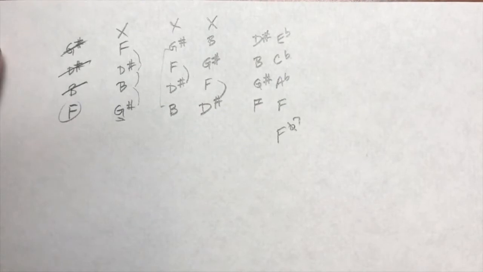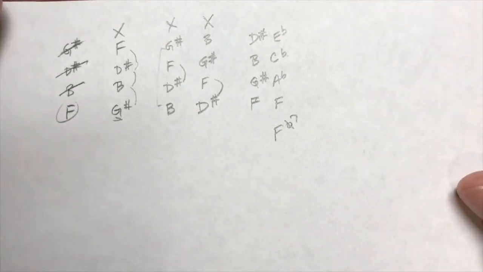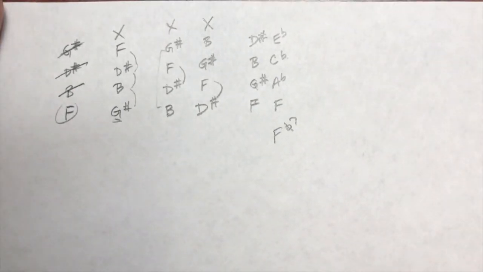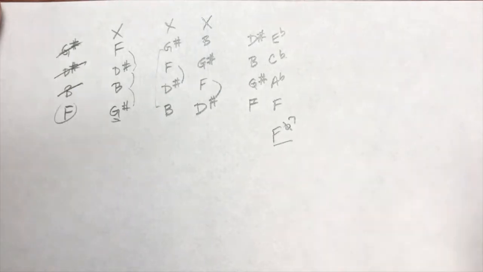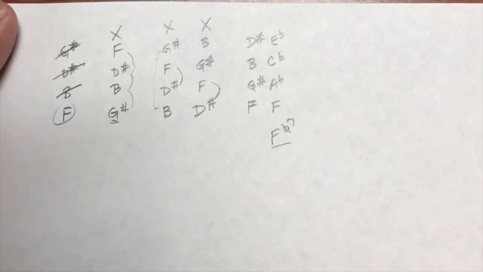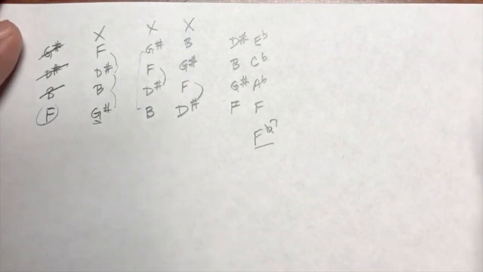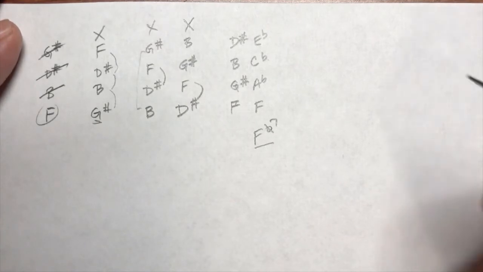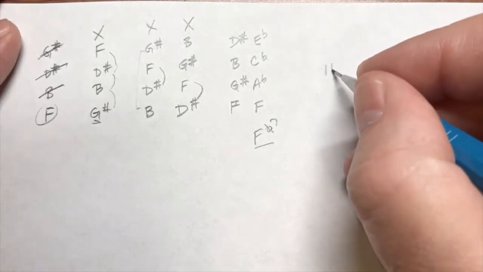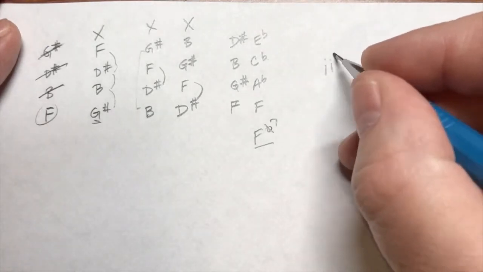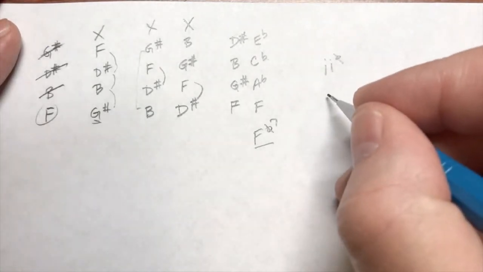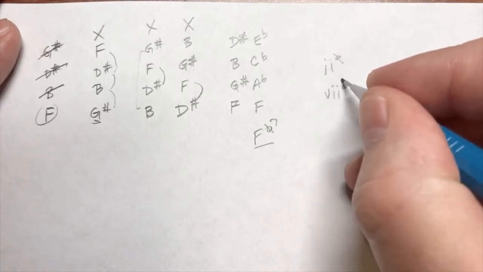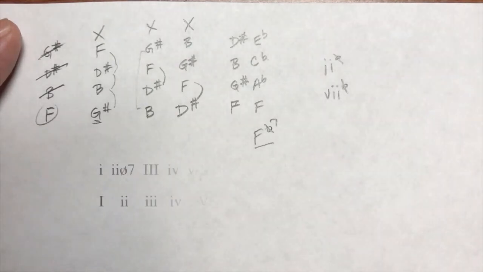Okay, so in the context that we're dealing with tonal harmony, when would we ever find a half diminished chord? Well, there's two common places in our tonal system where we find half diminished chords, and they are the 2 chord in minor and the 7 chord in major.